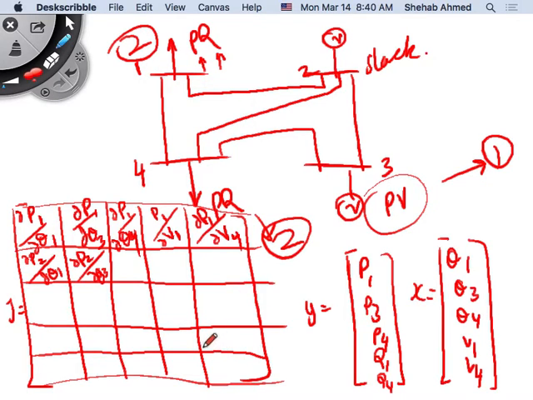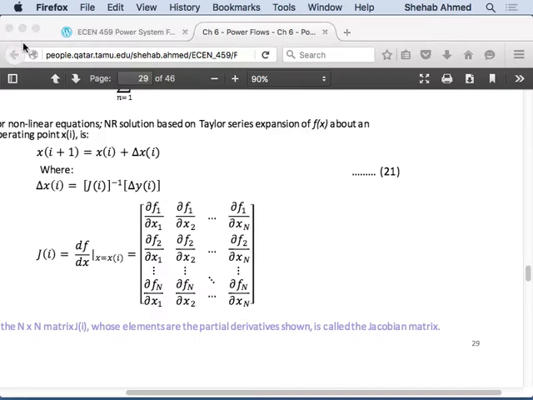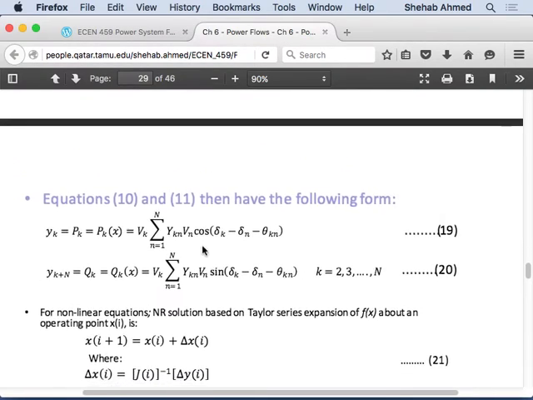Okay, so these are basically the power flow equations that we have. Remember, it's a summation, and I think this summation is summing up the voltages at the various buses, right?